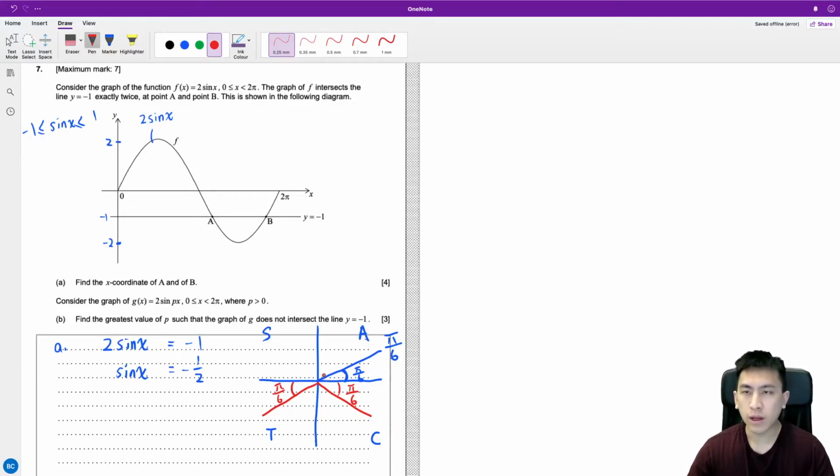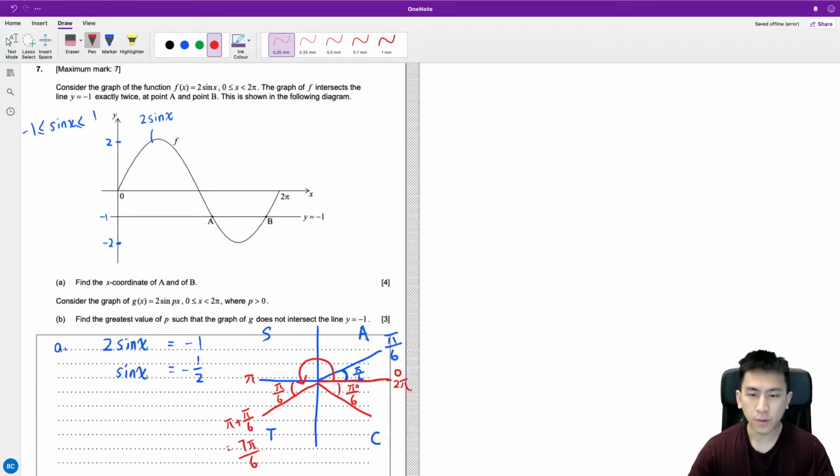Because remember, the way to get the angle is to count from the positive x-axis. It's always to count from here and then anti-clockwise to here. So for this solution, you know this is halfway, so this is pi, which is 180 degrees. So this is pi, and then add an extra pi by 6, which gives you 7 pi over 6. That's one of them. The other one, if you go full circle, this is 2 pi.